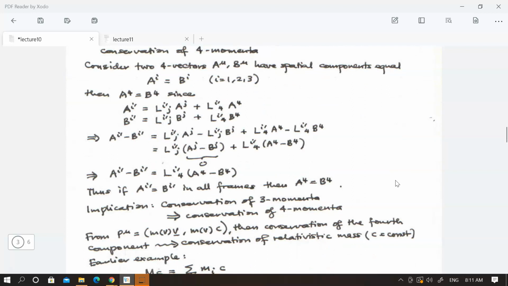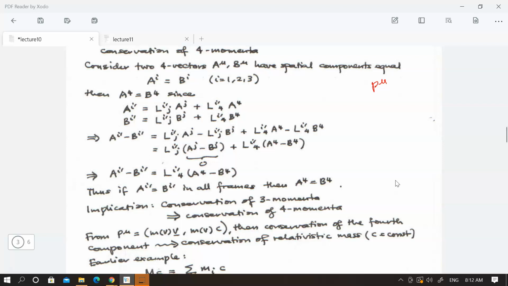So consider now two different vectors. We are not talking about general arguments now. So you have four vectors. Remember your P mu is a four vector, right? So now we're considering a general condition where you have these four vectors given by A mu and B mu.